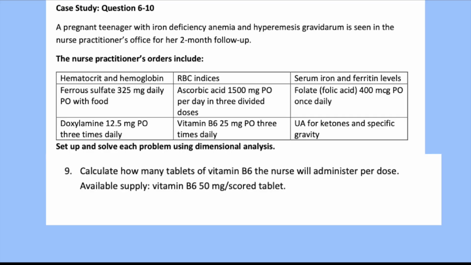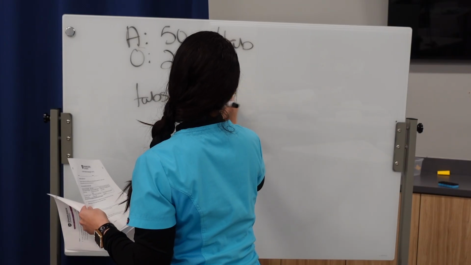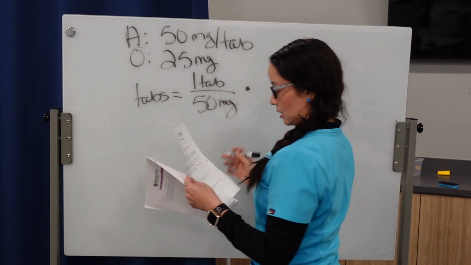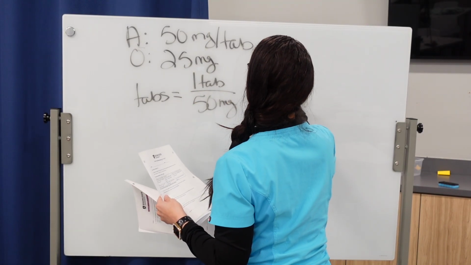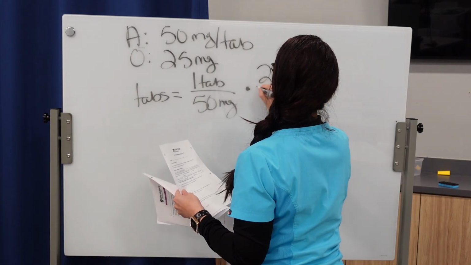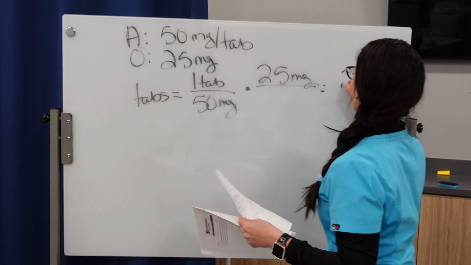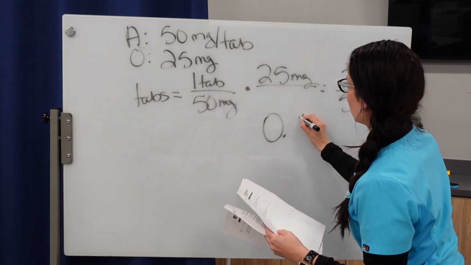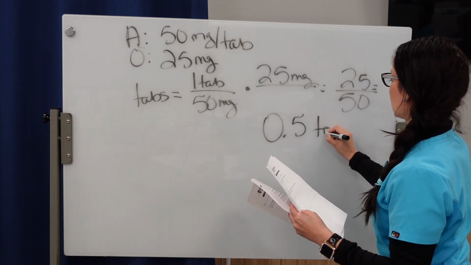Tabs equals 1 tab has 50 milligrams. The order is for 25 milligrams. When you divide 25 over 50, 0.5 tabs.